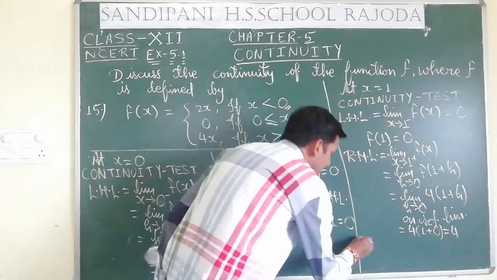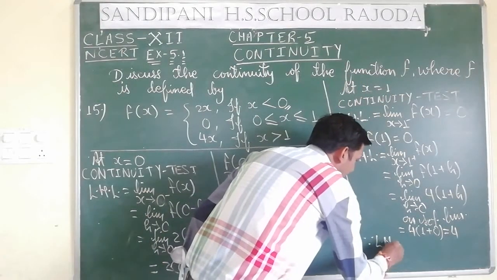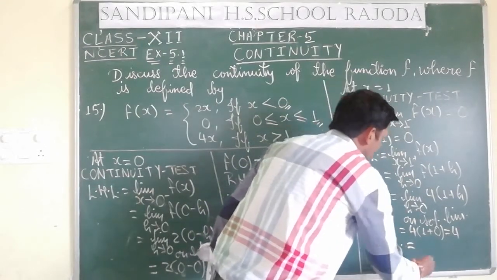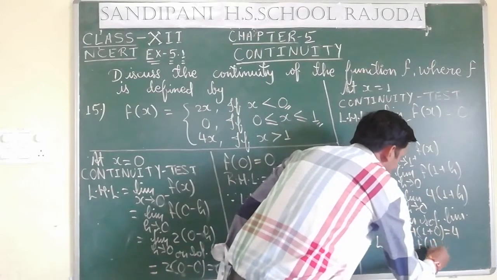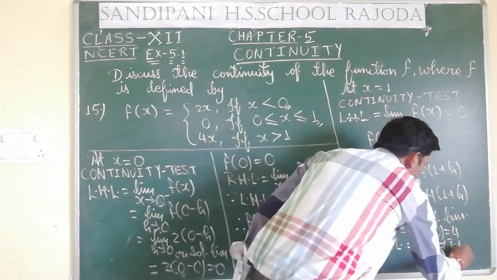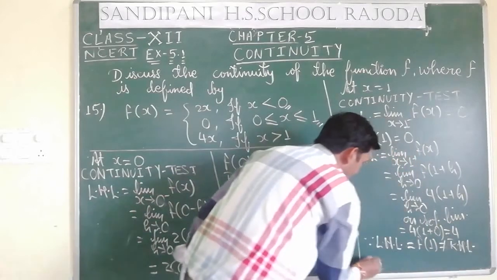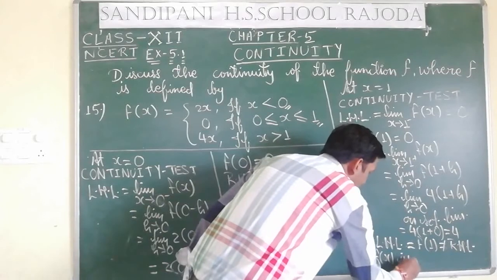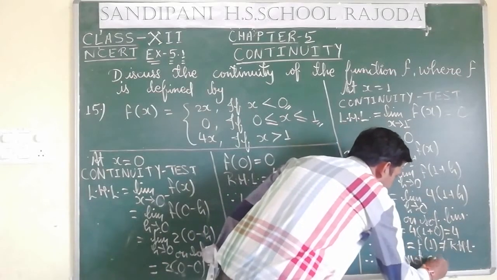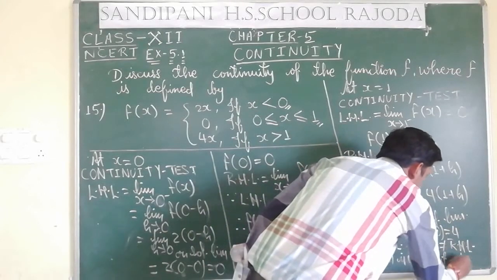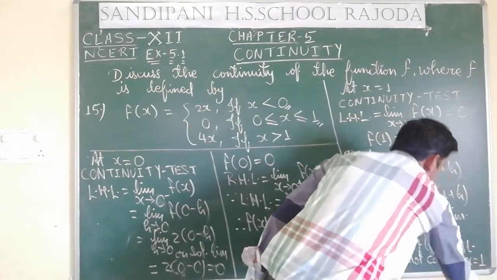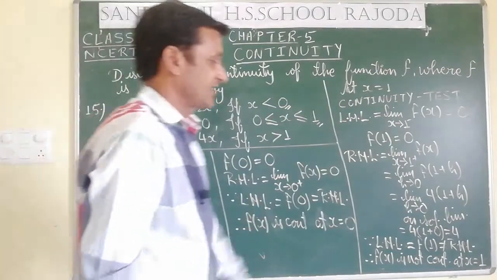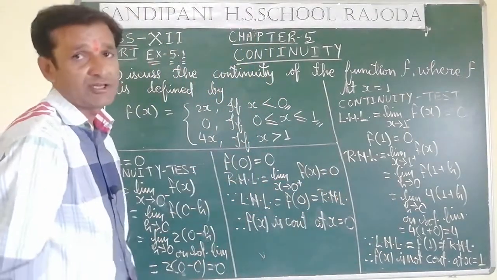So because LHL is equal to f of 1 but it is not equal to RHL, therefore, f of x is not continuous at x is equal to 1. This we have concluded. At x is equal to 0 it is continuous, but at x is equal to 1 it is not continuous, it is discontinuous.